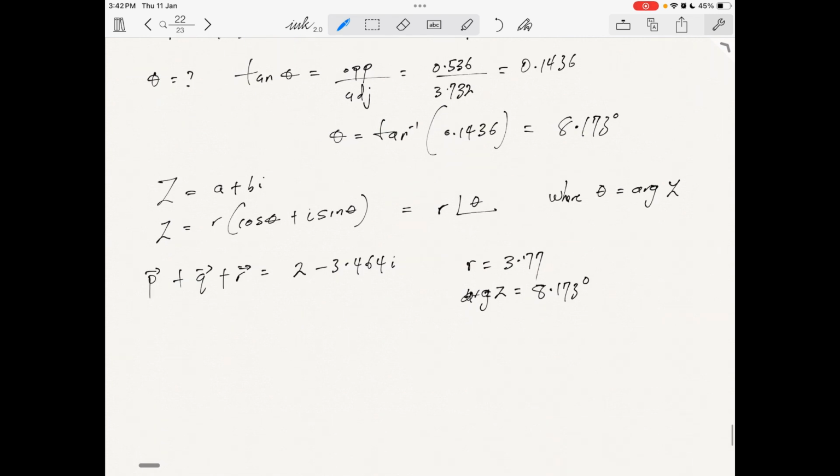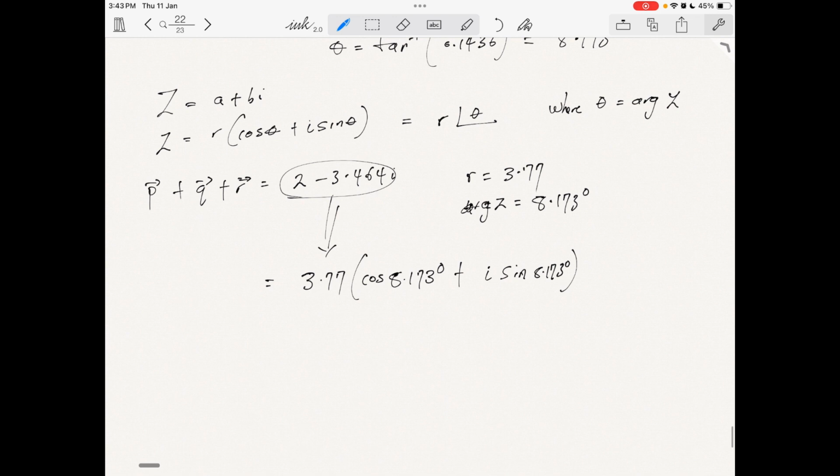We can write that this is also equal to 3.77 into cos 8.173 degrees plus i sin 8.173. But the best way to leave it should be in the format of the question, and the question is given in this format.